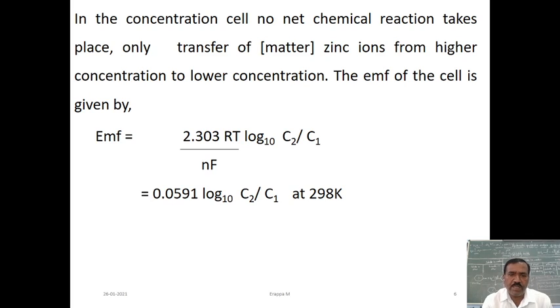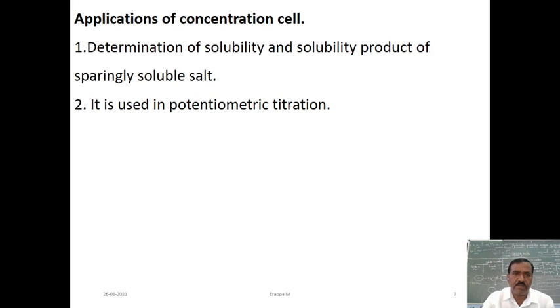After simplification, you will get 0.0591 log base 10 of C2 by C1 at 298 Kelvin. So this is the concentration cell with two different solutions of the same metal. The EMF can be calculated by this equation.